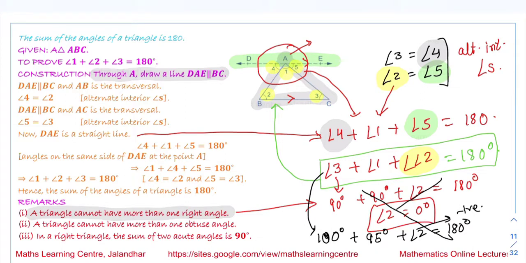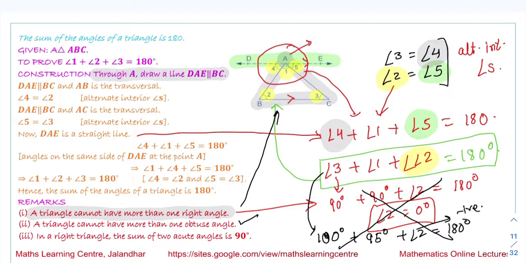So both these cases are not possible. So a triangle cannot have more than one obtuse angle, and in a right triangle the sum of the two acute angles is 90 degrees. These 3 things are clear from this theorem, that the sum of the 3 angles of a triangle is 180 degrees.